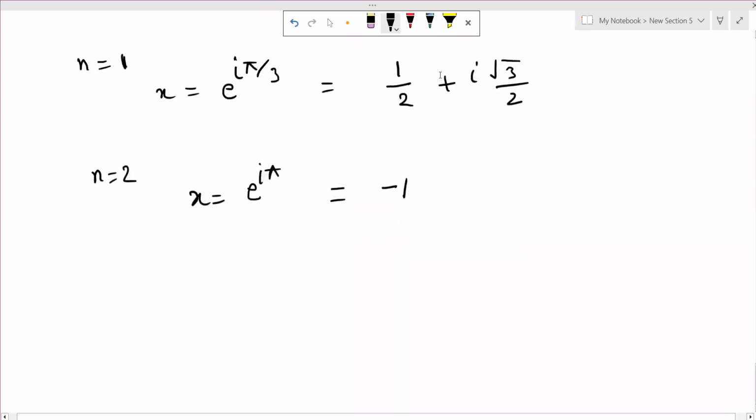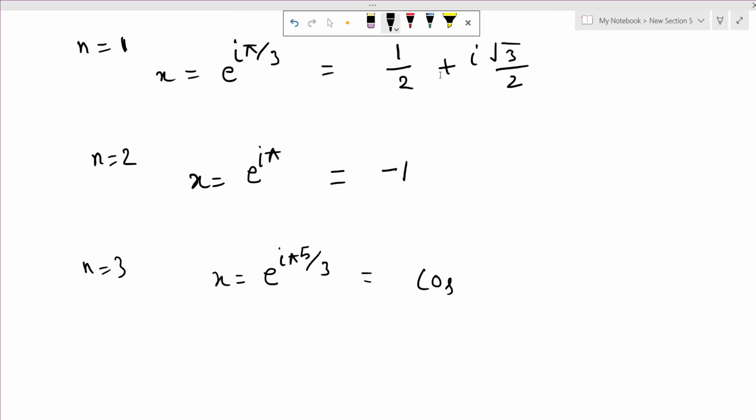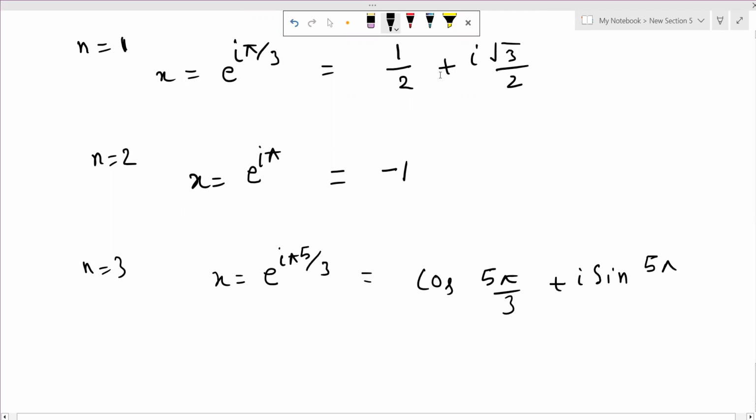Let me give you n equal to 3. What will be the root? 2n minus 1. So 2 times 3 is 6, minus 1 is 5. So x is equal to e to the power i pi 5 by 3. So what is this? Cos 5 pi by 3 plus i sin 5 pi by 3. How can you write this? Cos (2 pi minus pi by 3) plus i sin (2 pi minus pi by 3).